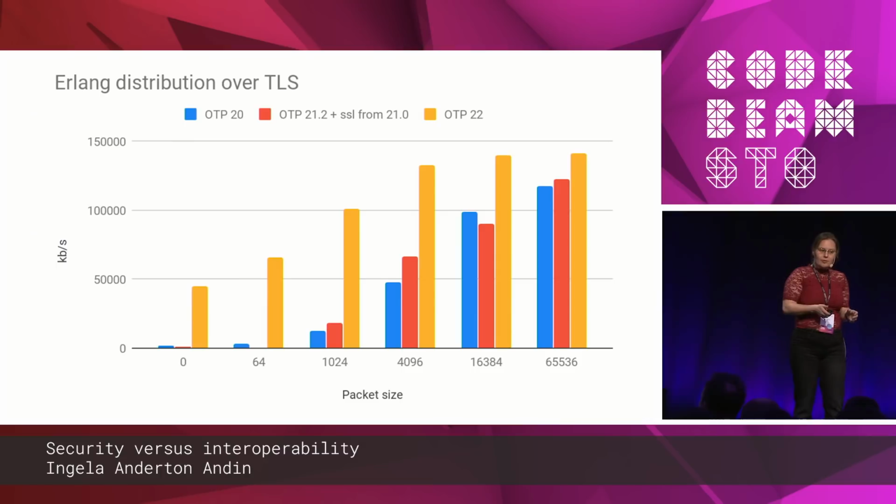We have tightened loops. We made the state record a lot smaller. And we handle binaries in a different way. And also for the TLS distribution, we try to collect as much data as possible before sending it. So if you're really interested, the code is open source.